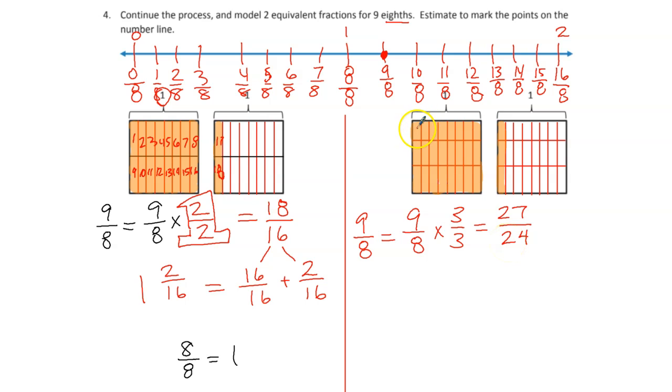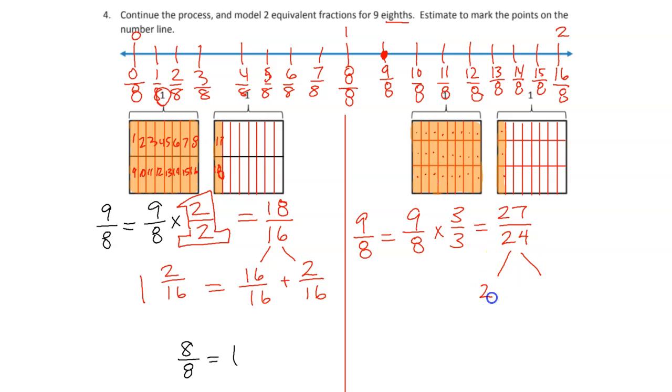You can see here that we have, I'm not going to put the numbers in because it's so small, but we can count them. We really could skip count by 3s and say 1, 2, 3, 4, 5, 6, 7, 8, 9, 10, 11, 12, 13, 14, 15, 16, 17, 18, 19, 20, 21, 22, 23, 24. So we know that our units is 24ths. We have 24 out of 24 here, plus another 1, 2, 3 24ths.